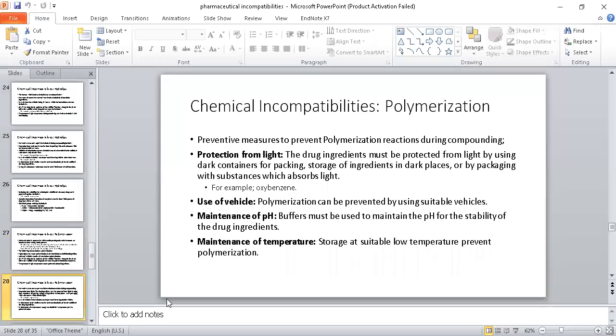Prevention measures to prevent polymerization reaction during compounding: protection from light, use of suitable vehicle, maintenance of pH, and maintenance of temperature.